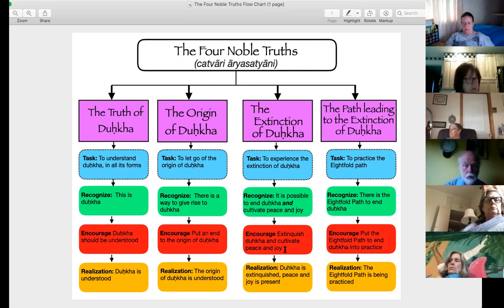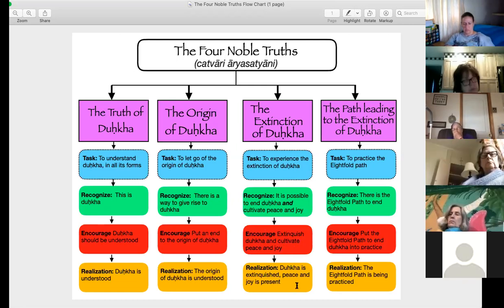And as we engage more, we start to see that they are interrelated, but one isn't the opposite of the other, that they can live together at the same time. And then, if we're lucky, at the end, we realize dukkha is extinguished and peace and joy is present.